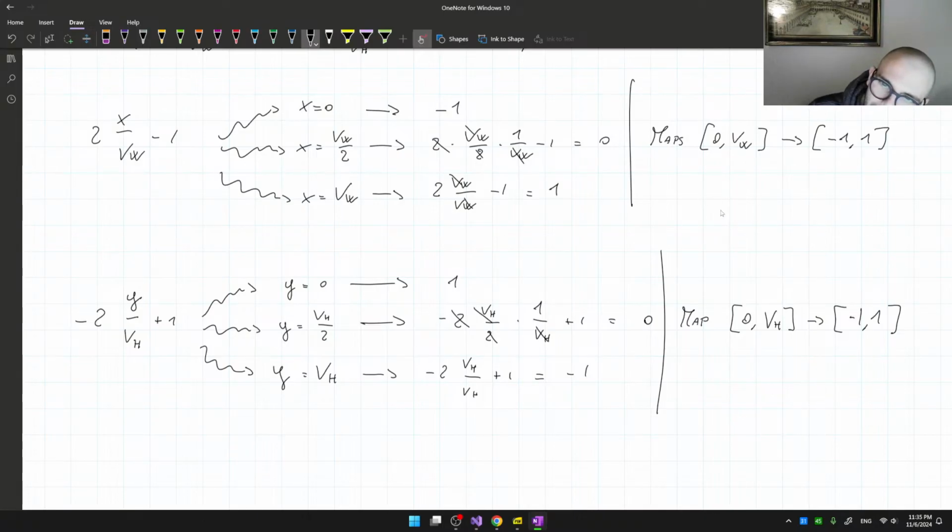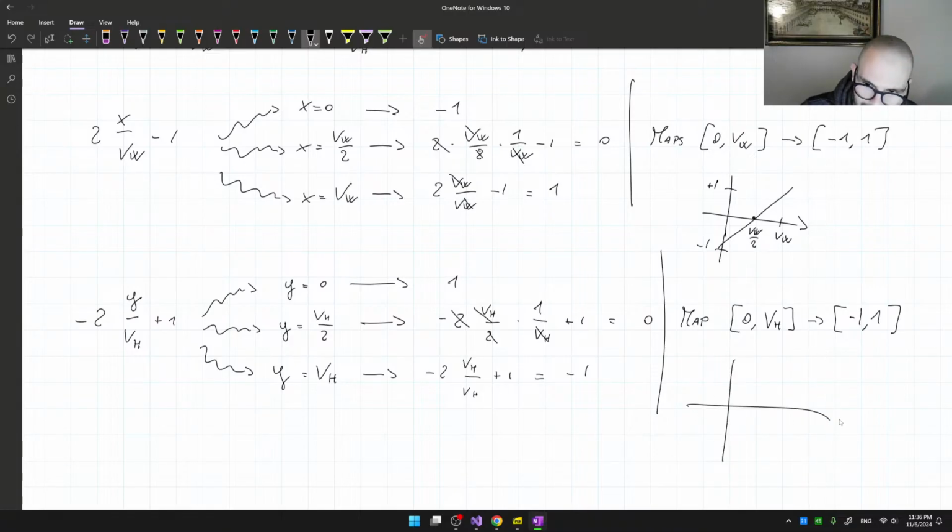this mapping right here from 0 to view width, -1 to +1, goes like something like this, presumably it's a line. It's a line, okay, and this is view width divided by 2.